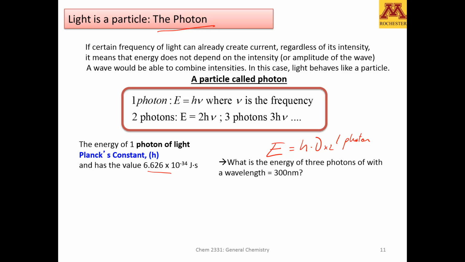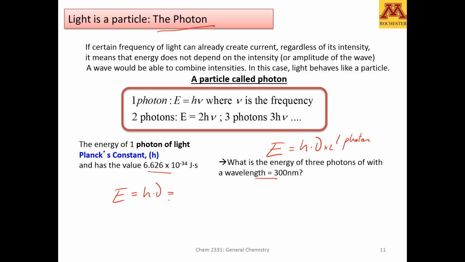So, let's do an exercise. For example, what is the energy of 3 photons with a wavelength of 300 nanometers? First of all, the energy is the Max Planck constant times the frequency. We're given wavelength, we're not given the frequency.